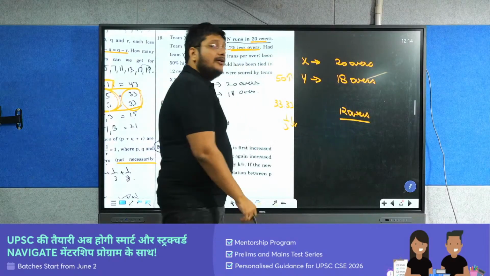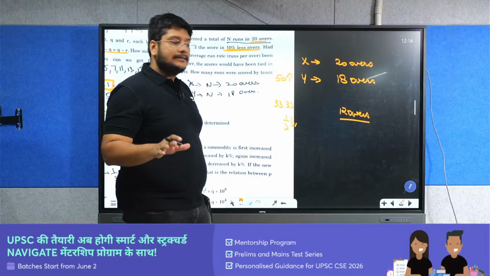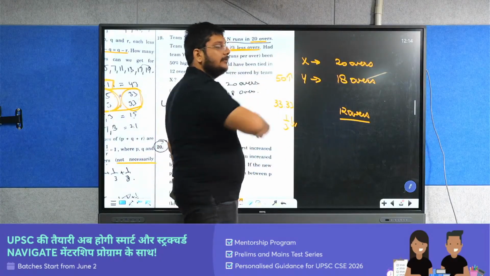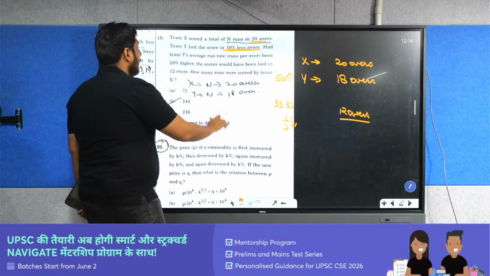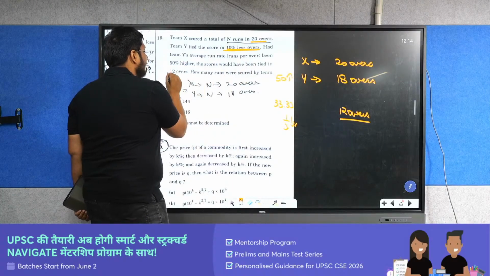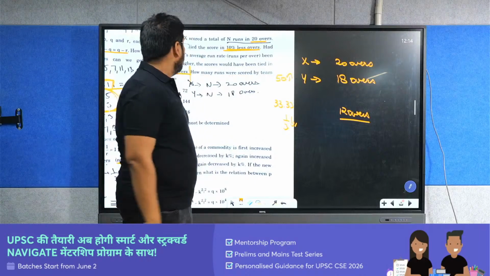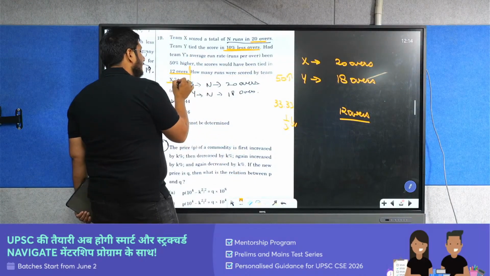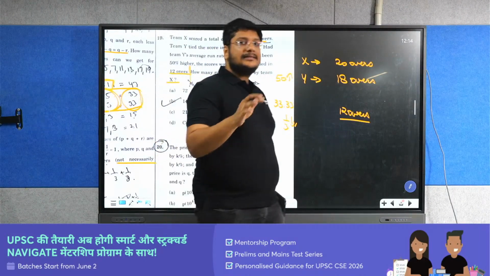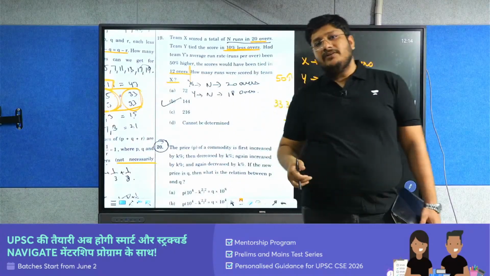That means for any run scored by X, this would be satisfied. The scores would have been tied in 12 overs, which is what has already been given. How many runs were scored by Team X? Now it is asking how many runs X scored. Can I tell that with surety?